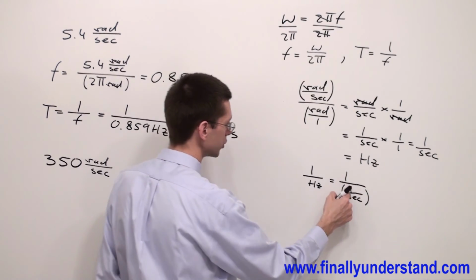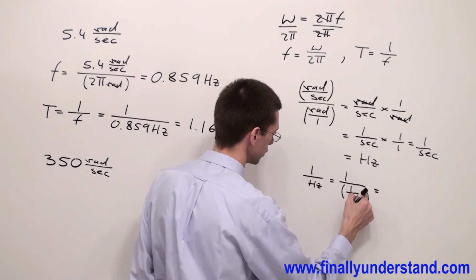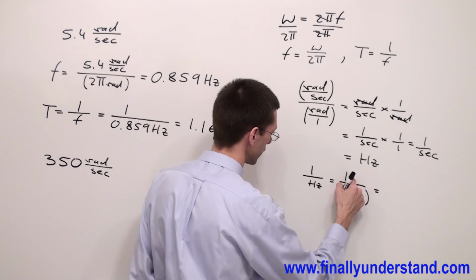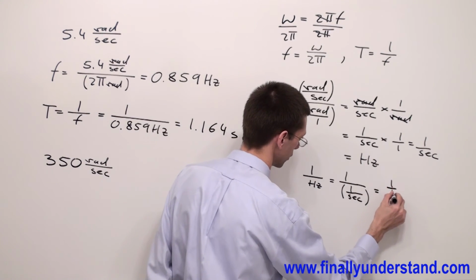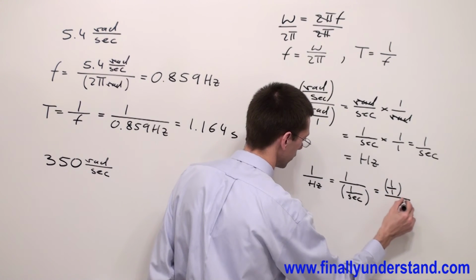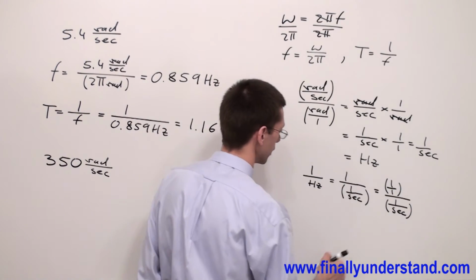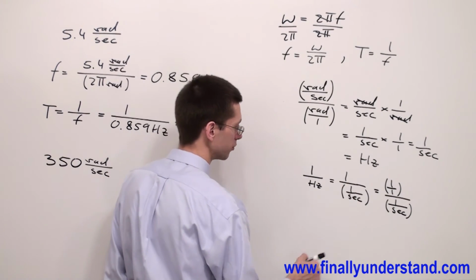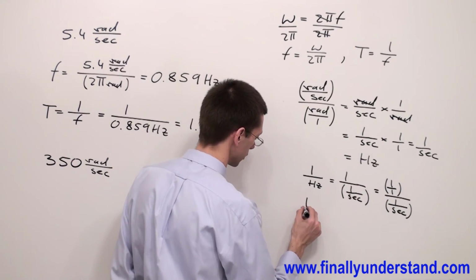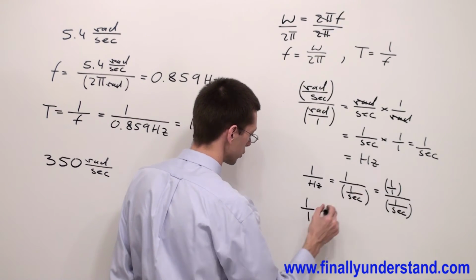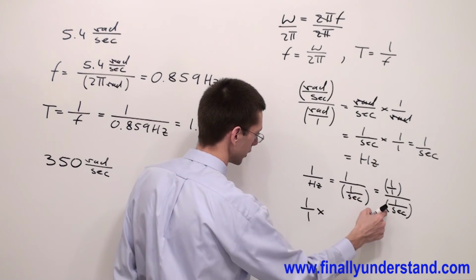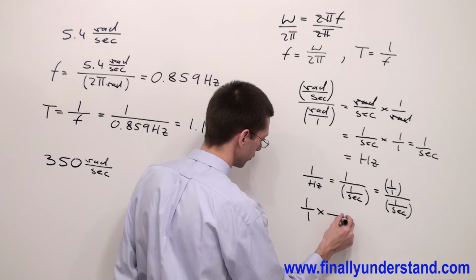I have a fraction in the denominator. Because I have a fraction in the denominator, I'm going to convert the numerator also to a fraction. I have 1 divided by 1 over second. Anytime I divide fractions, I have to copy the first fraction down. Division, I have to change to multiplication. And the second fraction has to be flipped upside down.